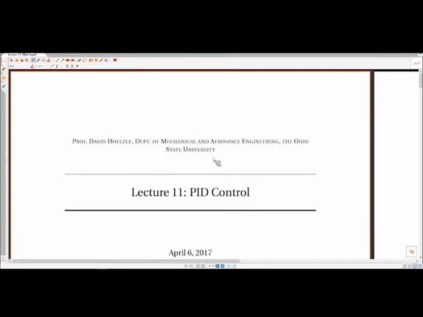But today we're going to go through PID control. I don't know the exact numbers, but I'm going to guess that of all the controllers out there in the world, somewhere around 90% are probably PID-based controllers. We'll get into what P, I, and D mean in a second, but many of you have probably heard this before, either from freshman engineering or just me talking about it in class.